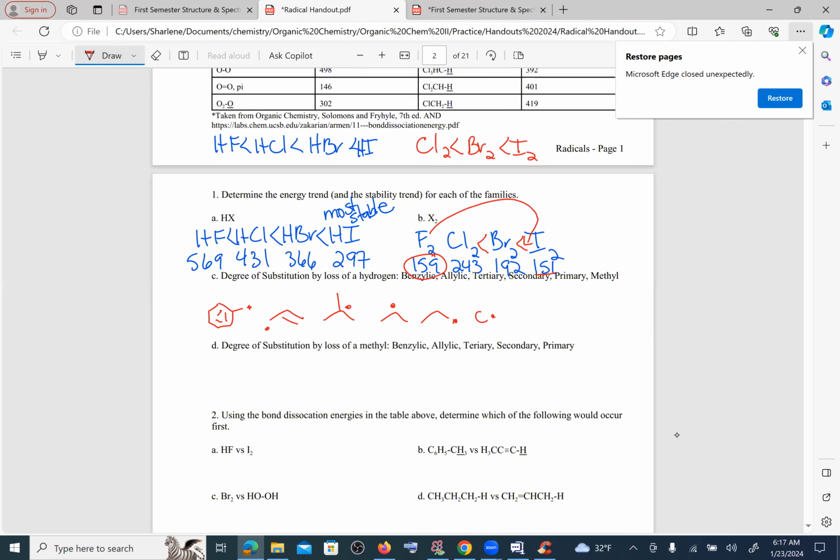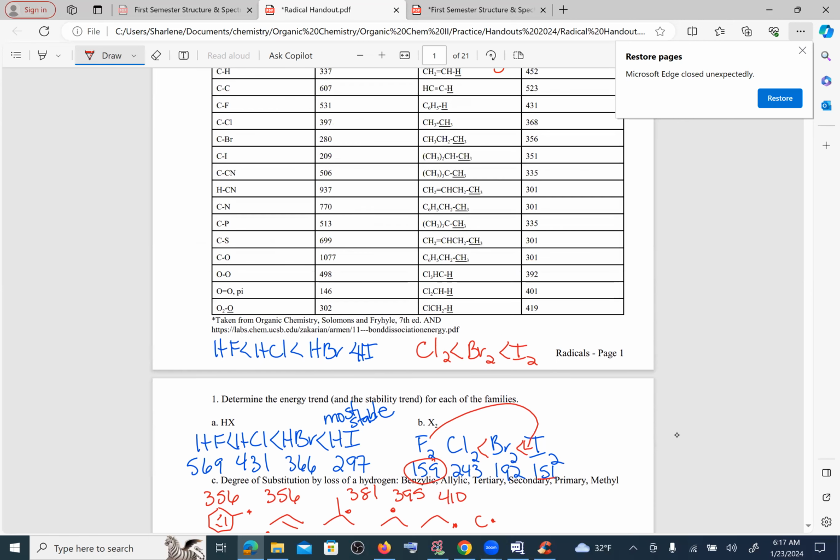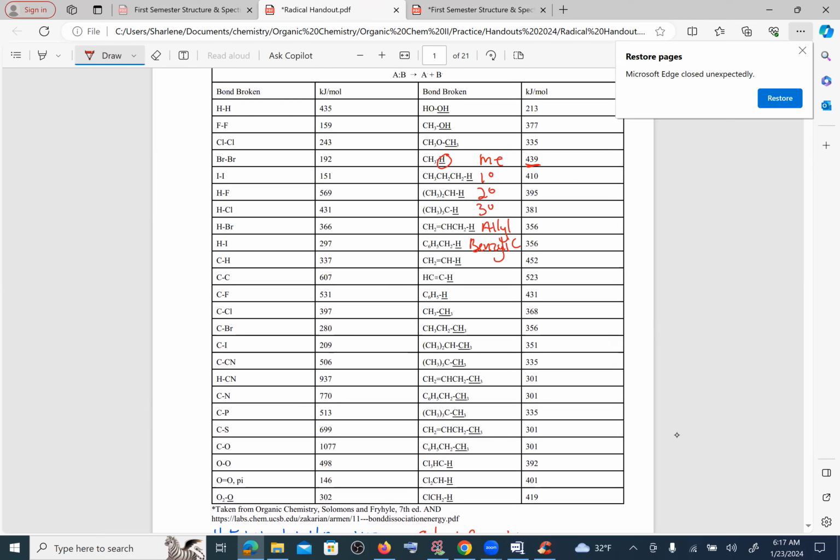All right, so it looks like I have a 356. Oh look, a 356. A 381. A 395. A 410. And I didn't write down methyl. Methyl is 439.